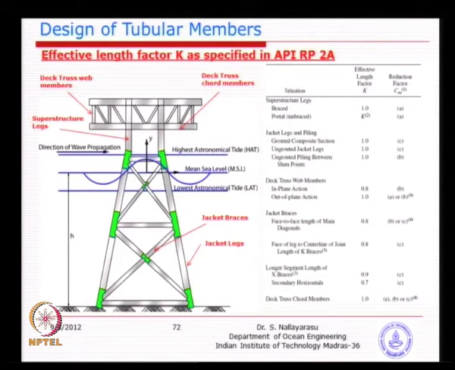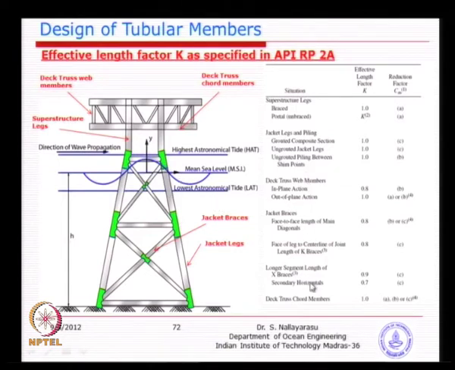Now, the effective length factors given by API, I have just taken from the API table. The table you see on the right-hand side is extracted from API for different scenarios. I do not know whether you are able to read it, you can see it in the notes. Basically for superstructure columns, the effective length factor is 1, jacket legs also 1, which means you should take the distance from this point to this point as the full length.